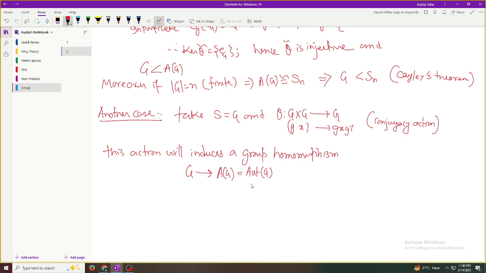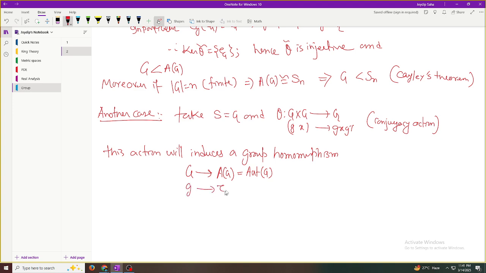A_G and Aut G are the same. Why Aut? Whenever S is a set, there are only bijections S to S. But if S is a group, then for bijections you can say the kernel is trivial. So Aut G is the group of isomorphisms from G to G. This is called automorphism.